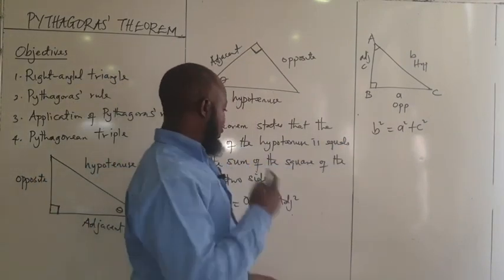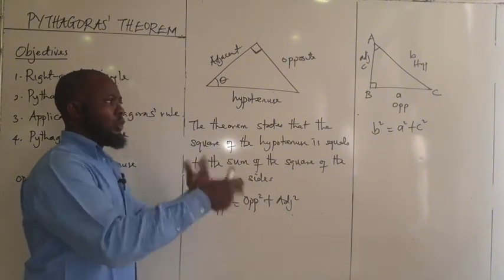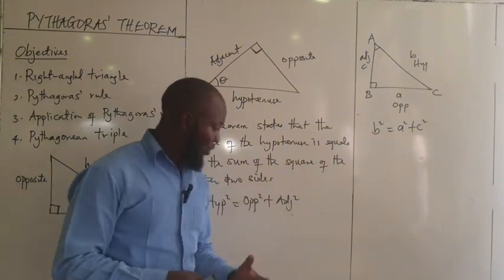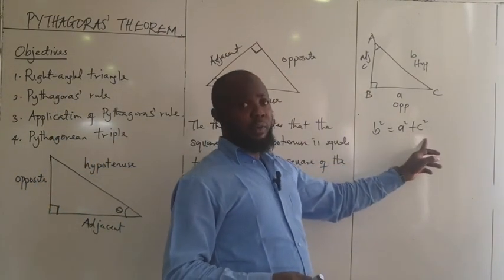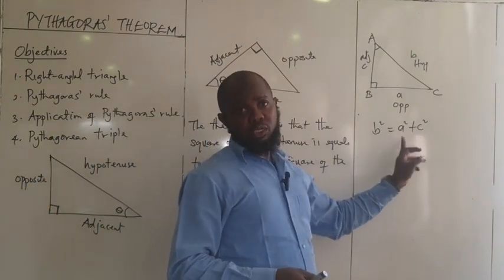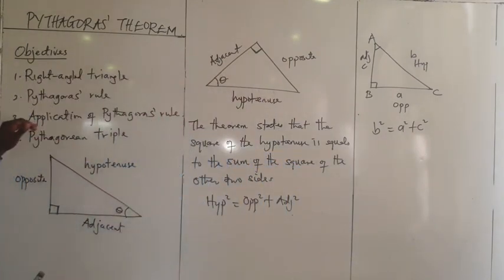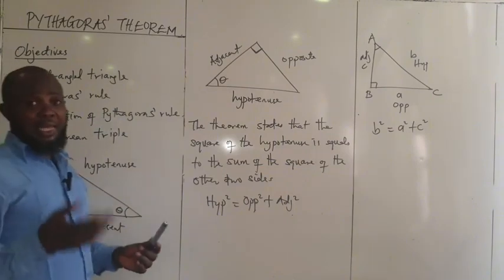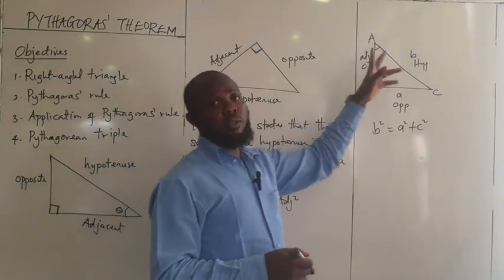We can use it to find the hypotenuse, adjacent, or opposite. We just make whatever we are looking for the subject of the formula. If we are looking for c, we make c the subject of the formula. If we are looking for a, we make a the subject, and so on. So that is that on the rule. Then the third one is application, and it's applied to solve problems of sides of the right angle triangle.